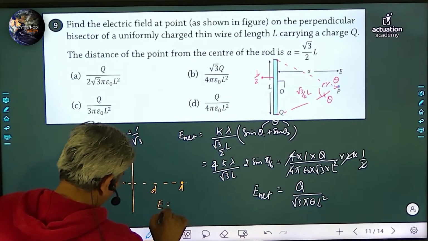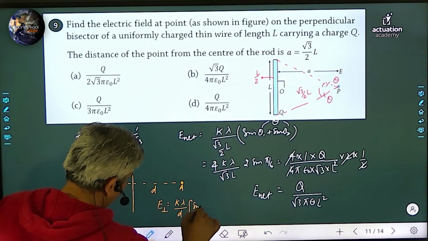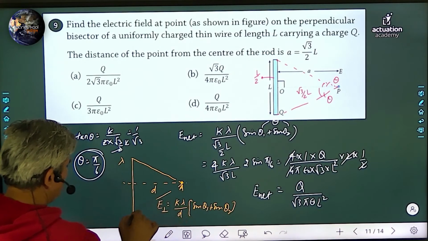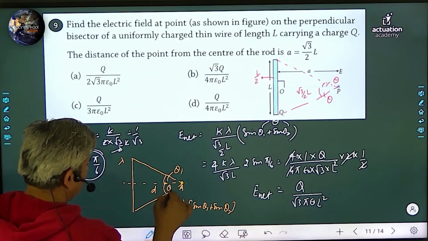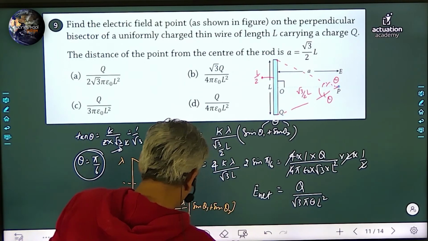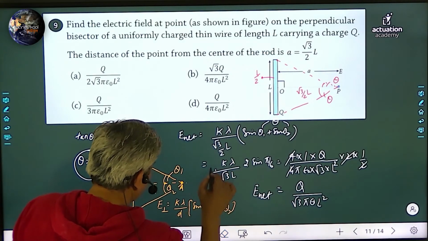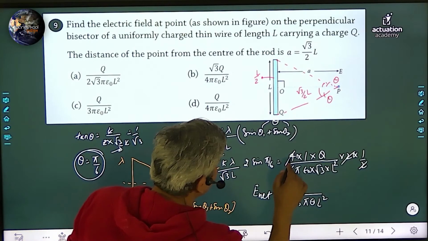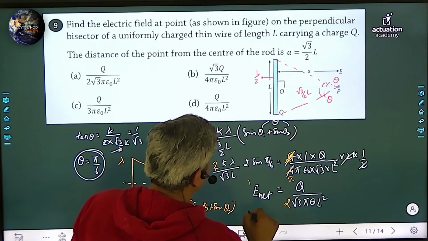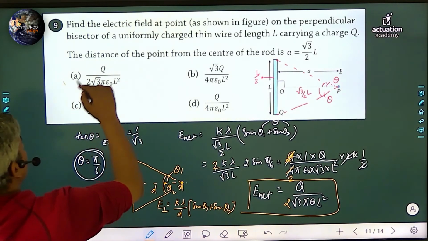Then E perpendicular can be written as k lambda by d sine theta 1 plus sine theta 2, where this is theta 1 and this is theta 2. So this means k lambda, this 2 will not come here. If this 2 will not come, then this will also become 2, and once we put this one, 2 twos are 4. This 2 will go. Now from these given options, q over 2 root 3 pi epsilon naught L square, A is the right option.